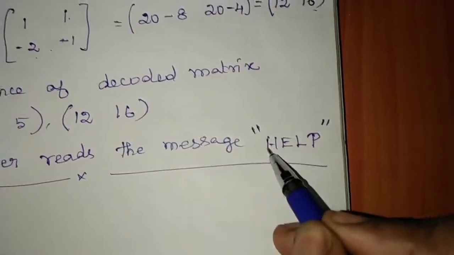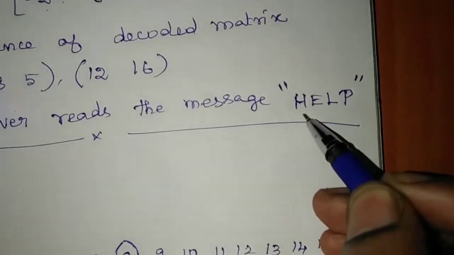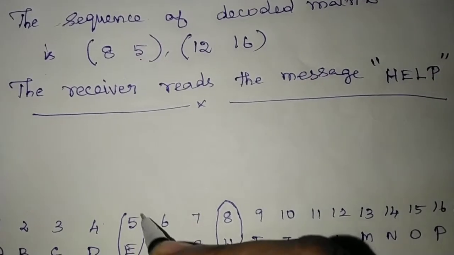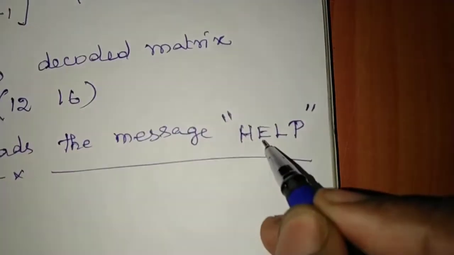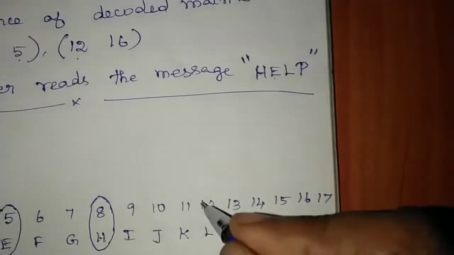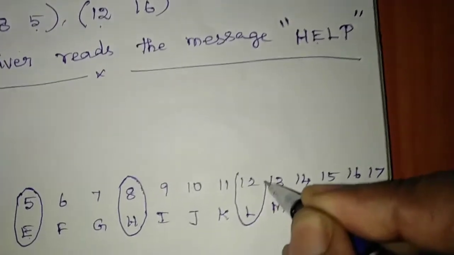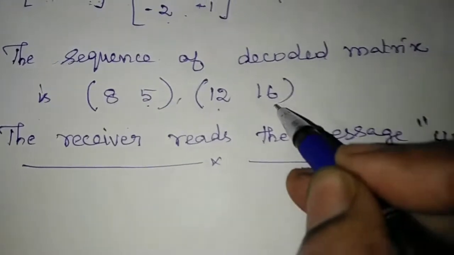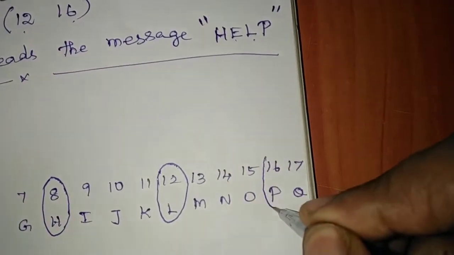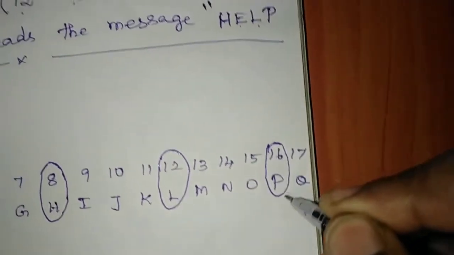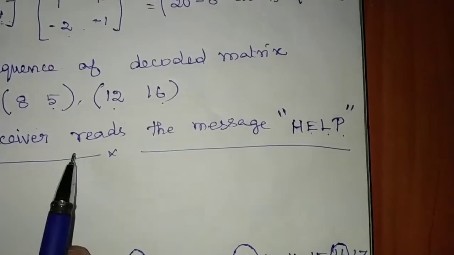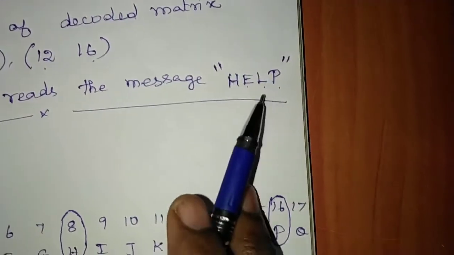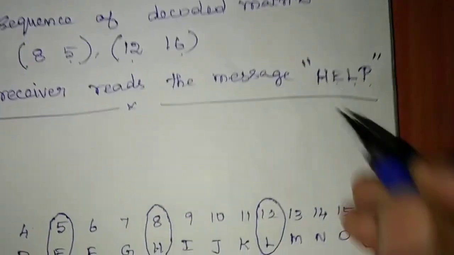The English alphabet is H. The second, 5, is E. The 12 is L. And 16 is P. So the receiver reads the message: HELP. We get the original form. That is the answer.